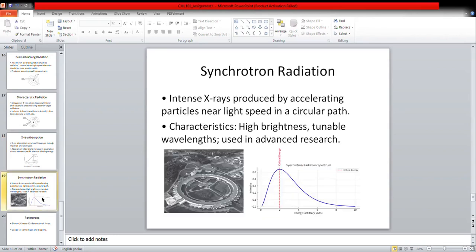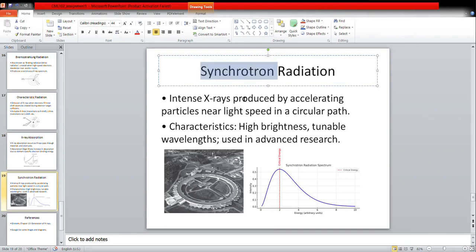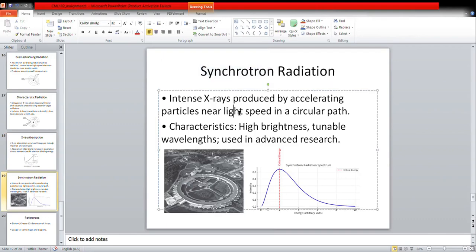Synchrotron radiation. Now this type of radiation is observed when X-rays are produced by accelerating particles, and those particles need not be only electrons; they can be any charged particles. When those accelerating particles decelerate, we observe X-rays.